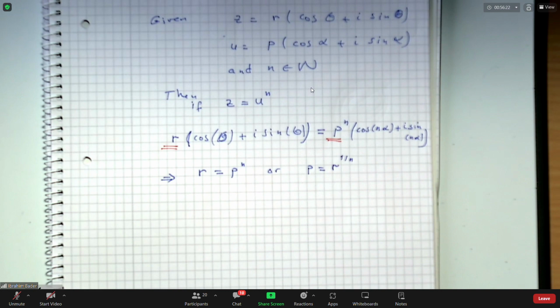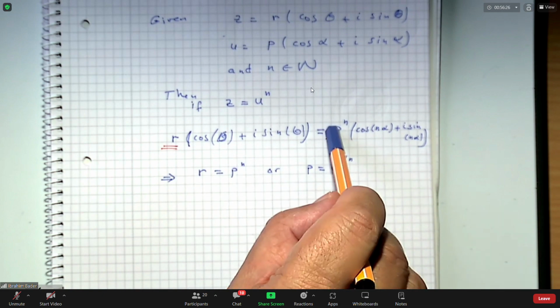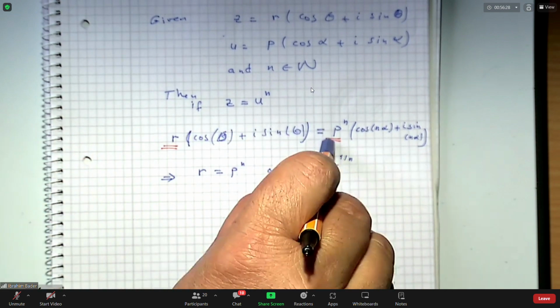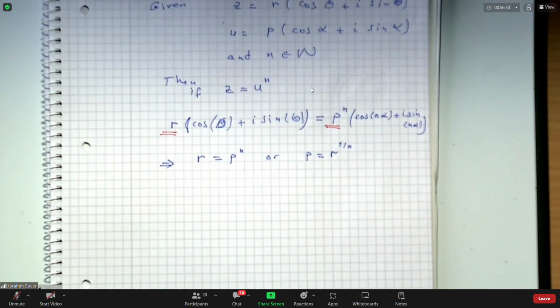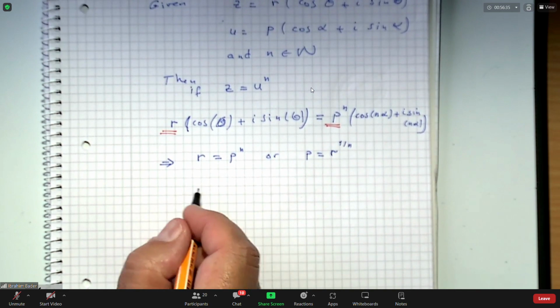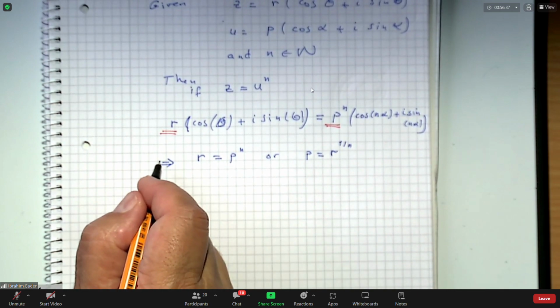So with magnitude we have no problem, and this root here is a root of a number because both r and p are real numbers.